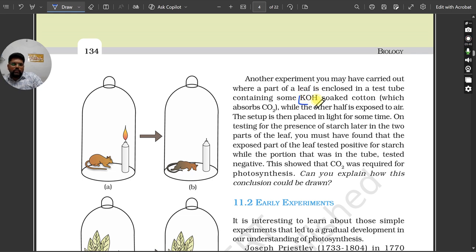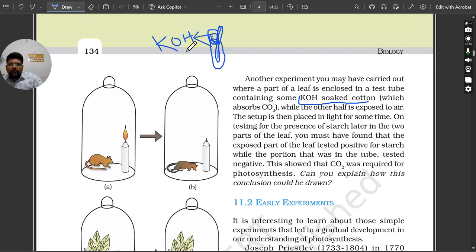This is the KOH soaked cotton experiment, where they took a test tube and put a leaf, a single leaf like this. Maybe it's a rice leaf or wheat leaf or any leaf. They covered it with cotton soaked with KOH.